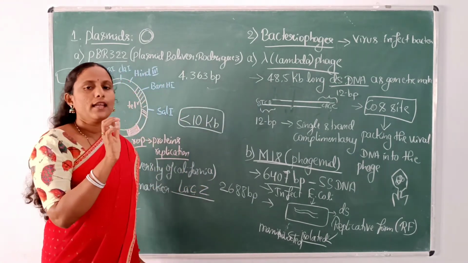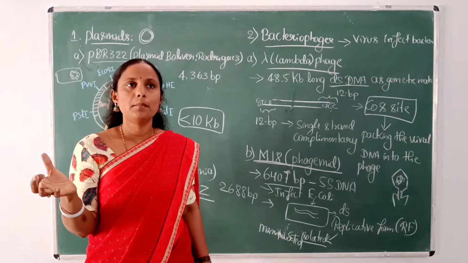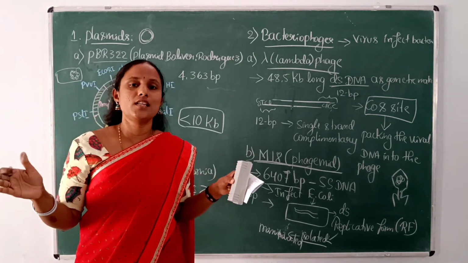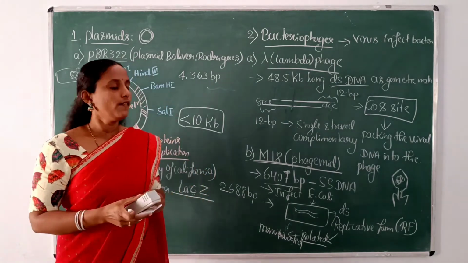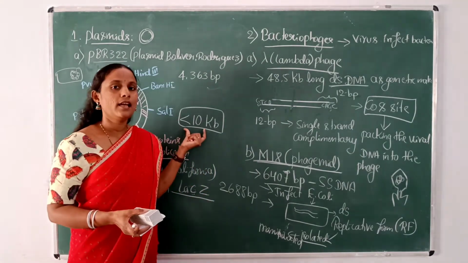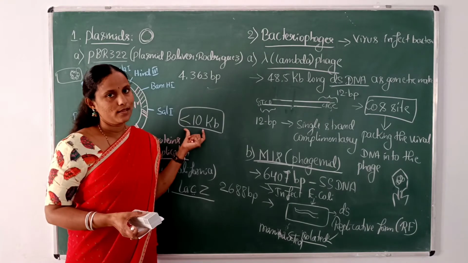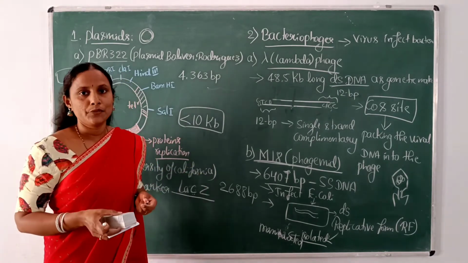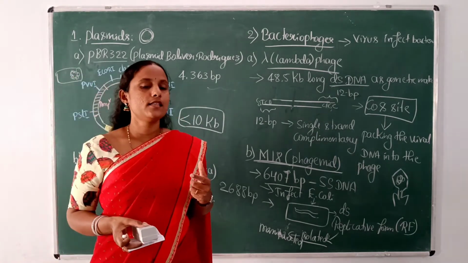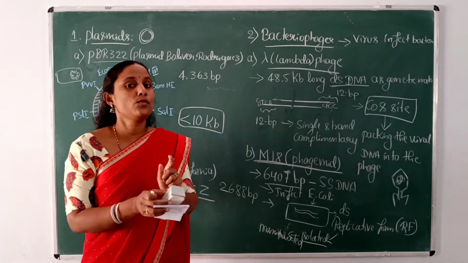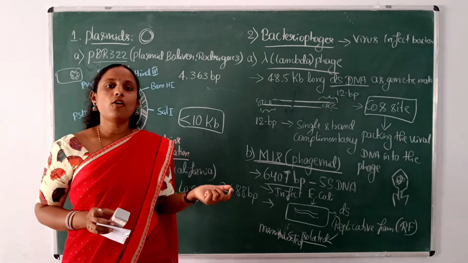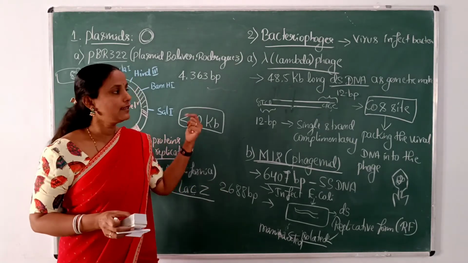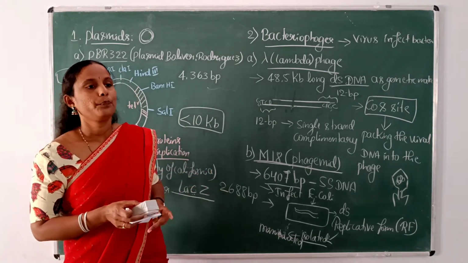That means they can transfer the DNA, but not of too much length. The length is restricted here. Any gene having a size less than 10 kilobase pairs, they can transfer effectively. But there are genes having a size more than this. What about them? For that, they have developed alternative vectors also. Let us discuss them in detail now.